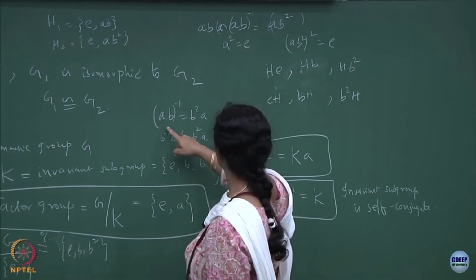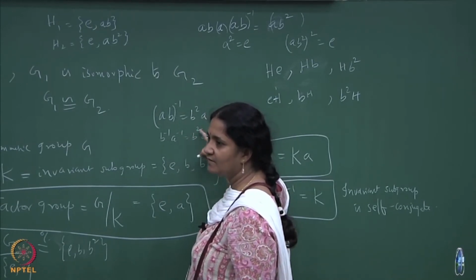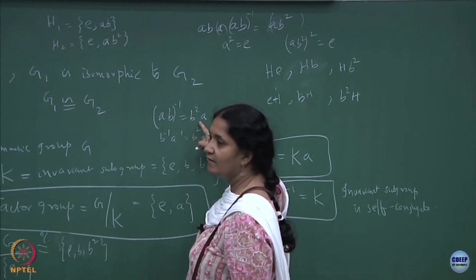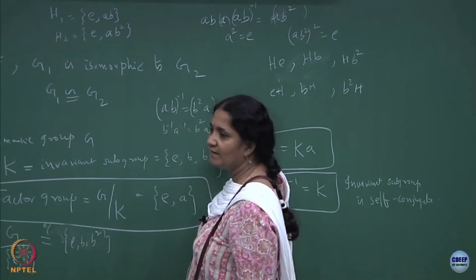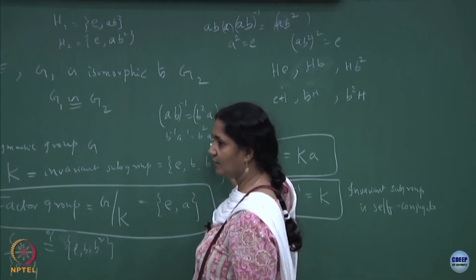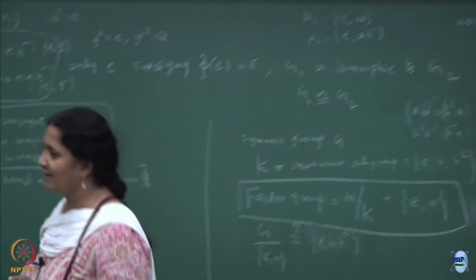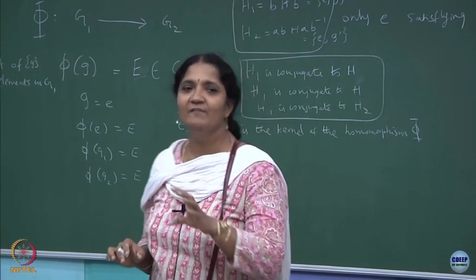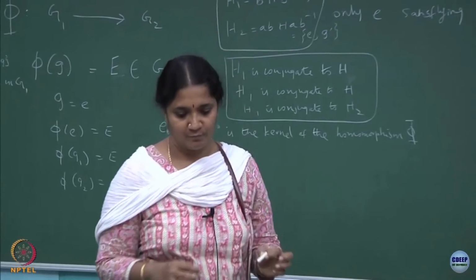Already I have a definition that AB is B squared A. So, I am just saying that the inverse is also B squared A. Is that okay? Anyway, this is a nice simple example to play around with and to clarify all your notations. So, that is why I have given one non-trivial non-abelian group.